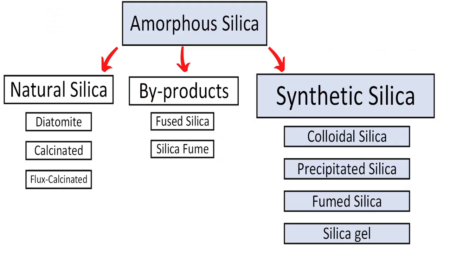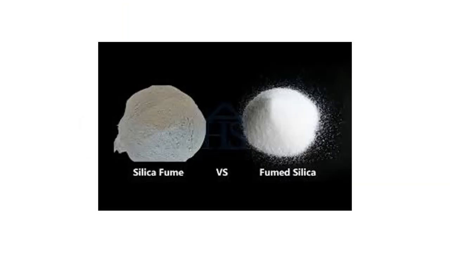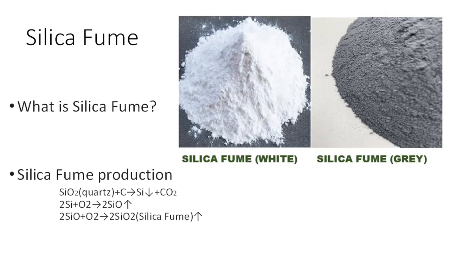The second subcategory within amorphous silicas is byproducts, which includes both silica fume and fused silica. It is important to note that silica fume is distinct from fumed silica, even though the name sounds similar. These two materials have different properties, production methods, and applications.